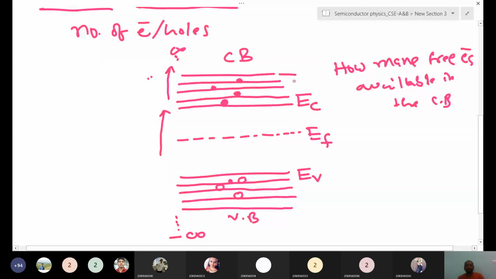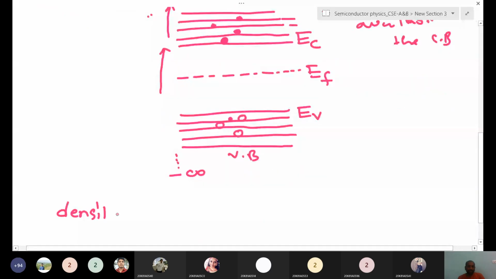Now we will calculate the density of electrons. Density of electrons, or charge carrier concentration, or carrier concentration, whatever you can write conveniently. They are all the same, just different terminology.